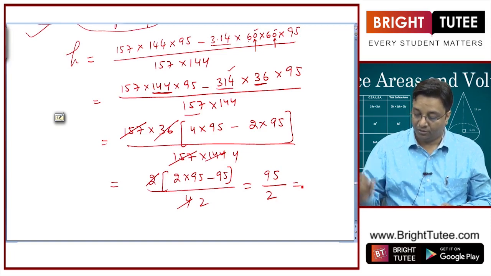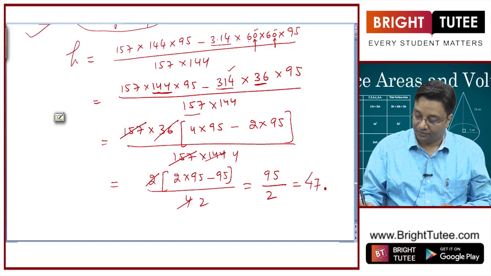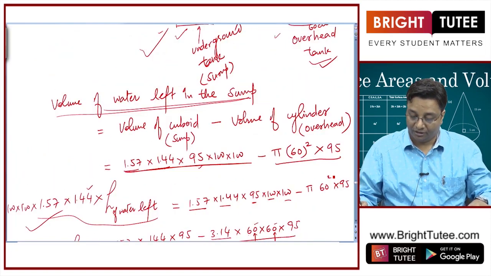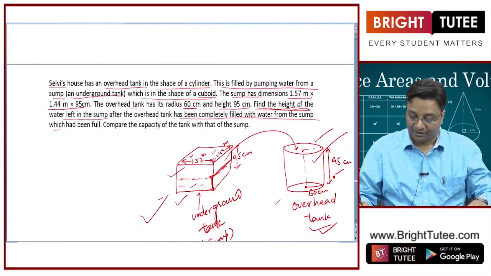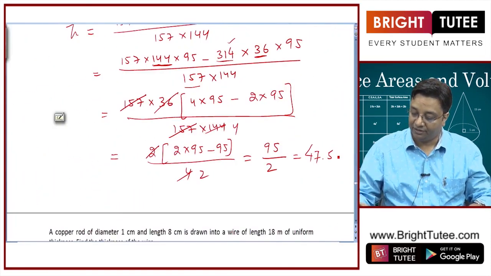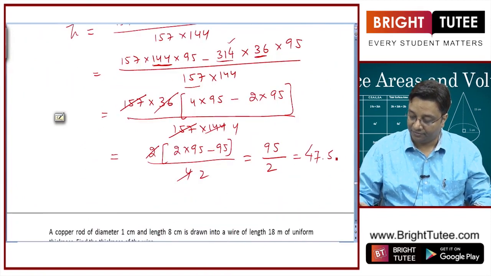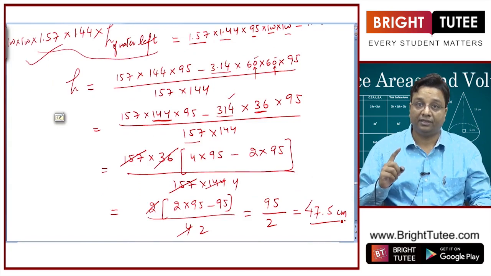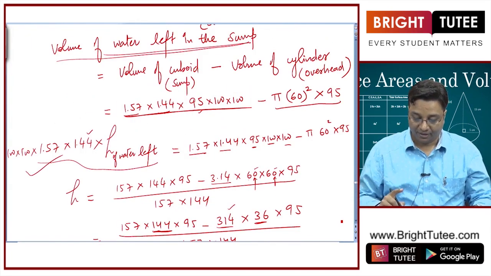So, this is equal to 47.5, and the unit was centimeter, right. I have converted everything into centimeters, and this is the height of the water left in the sump, right.